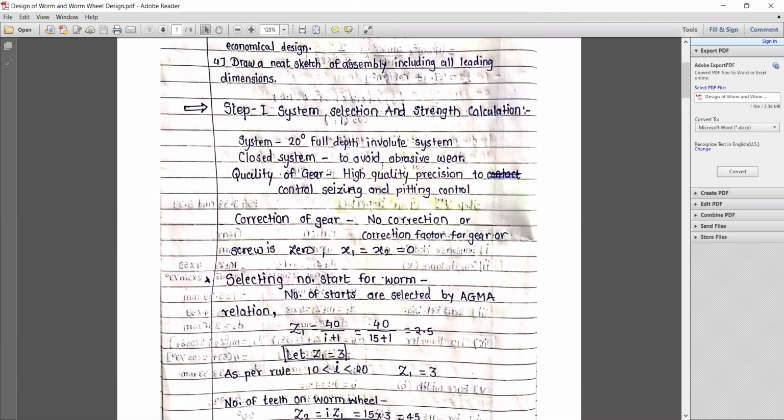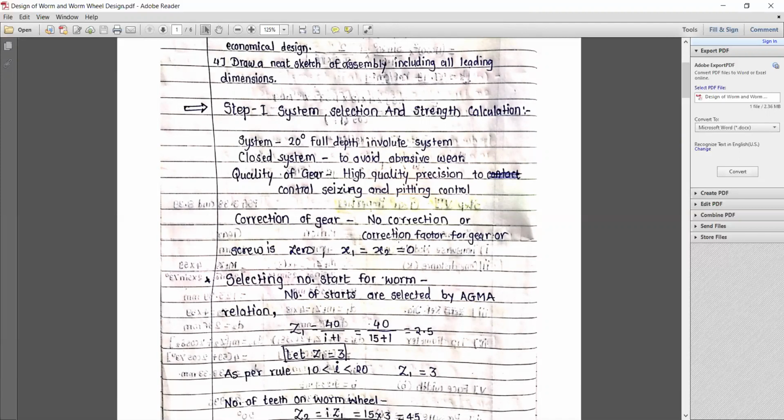Then a closed system, to avoid abrasive wear, as foreign particles will get trapped between the worm and worm wheel while meshing, which can create abrasive wear. Because of the high heat generation, continuous lubrication is required. So that's why we are considering the closed system.